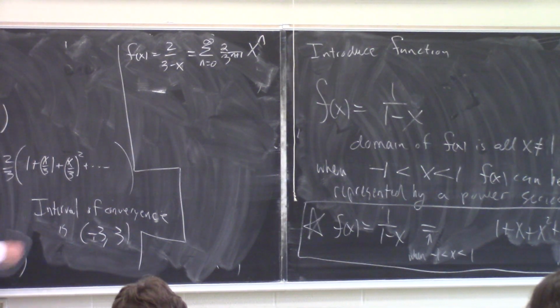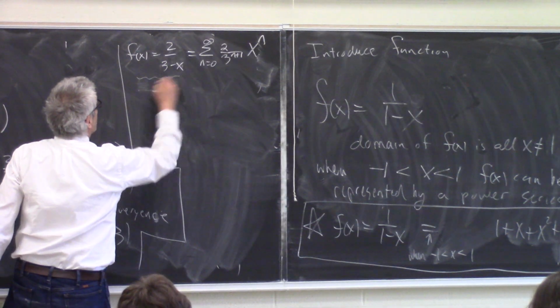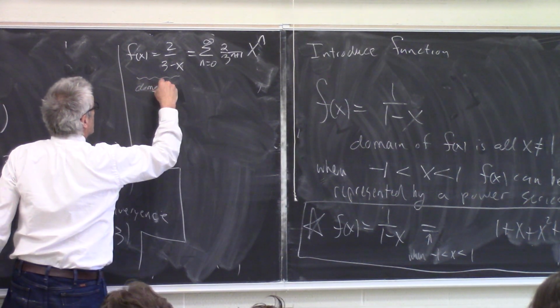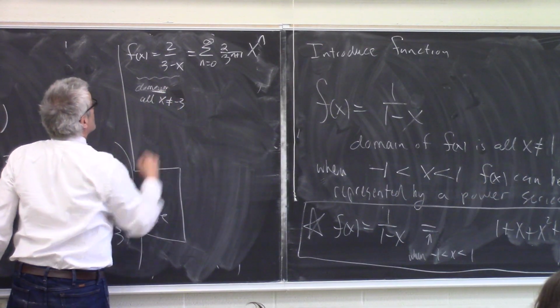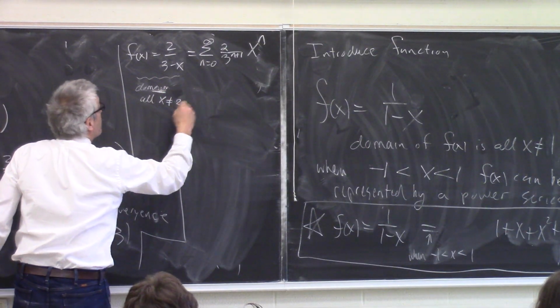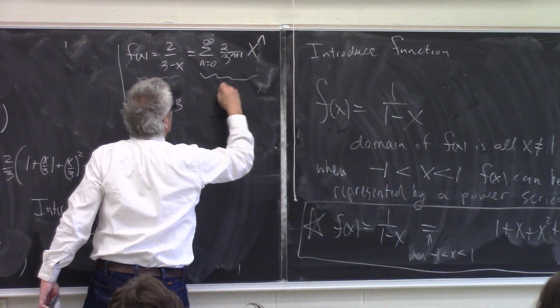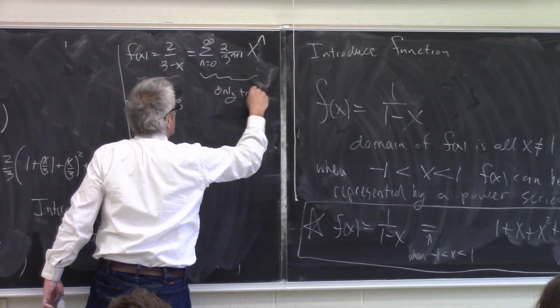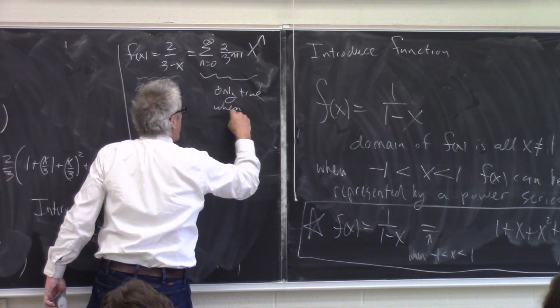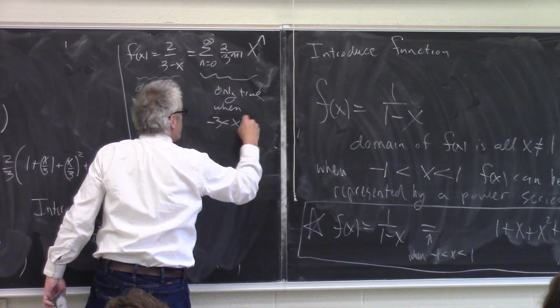And again, this function has domain all x not equal to 3. But this is only true when x is between -3 and 3.